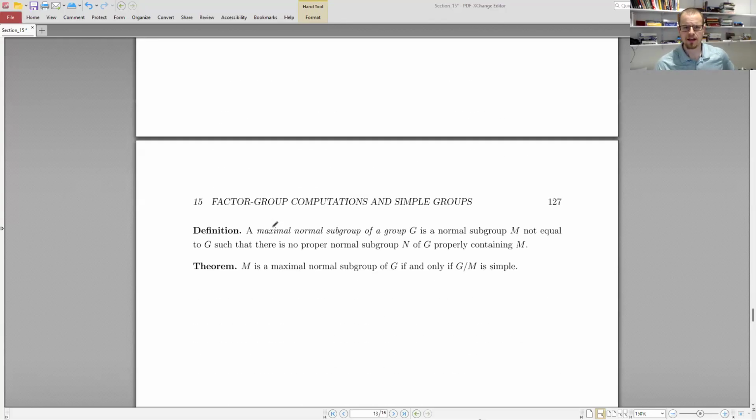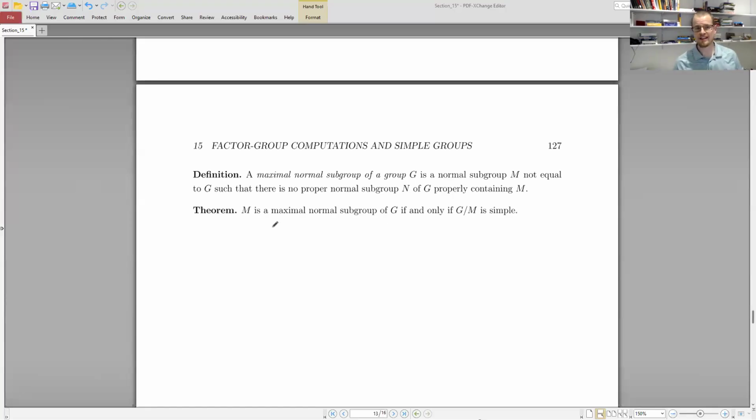All right. And then the last thing that I want to mention is just a classification of these simple groups. So a maximal normal subgroup of a group G is a normal subgroup, and I want it to be the maximal one.